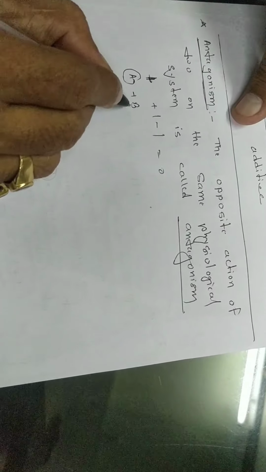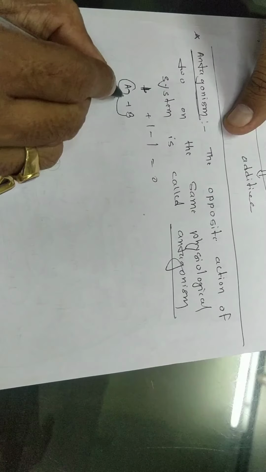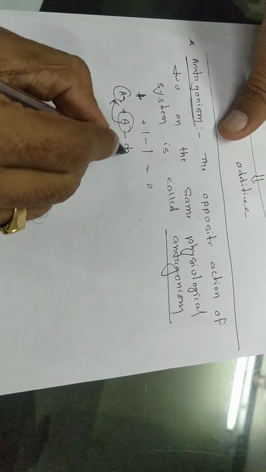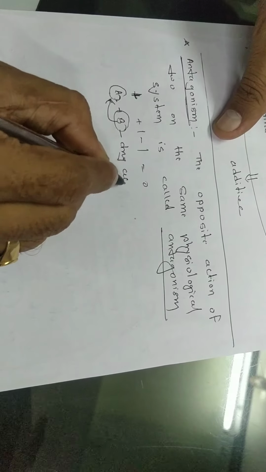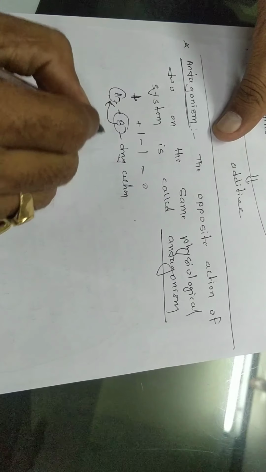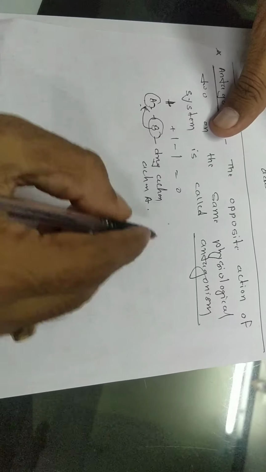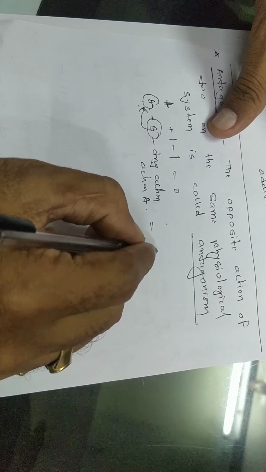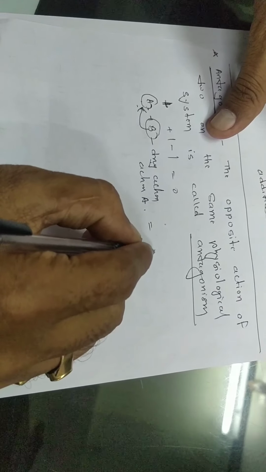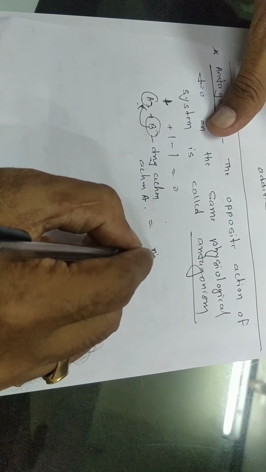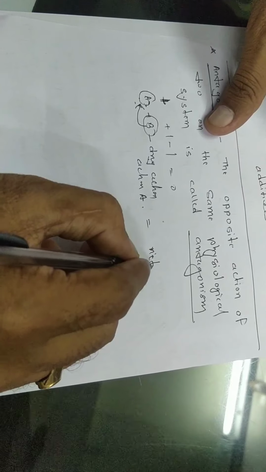A drug's action is blocked by the B drug, B blocks the action of A, then the effect is nil.